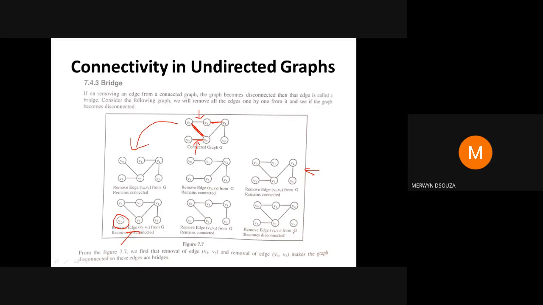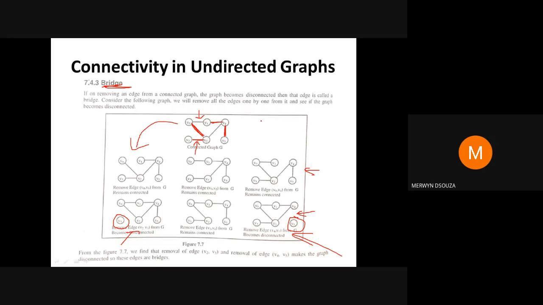Similarly, in this diagram, when this edge is removed, these vertices are disconnected, the graph becomes disconnected. This edge also will be a bridge.